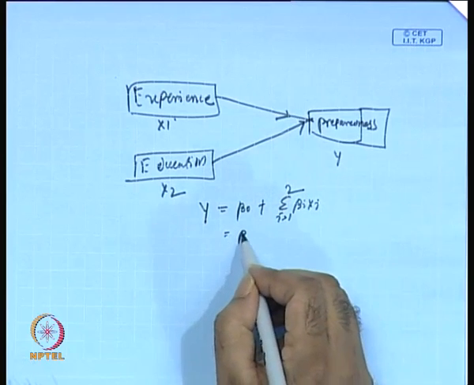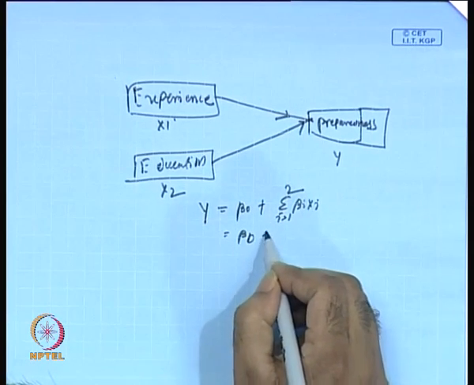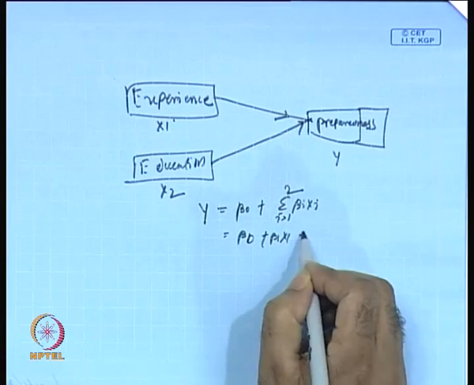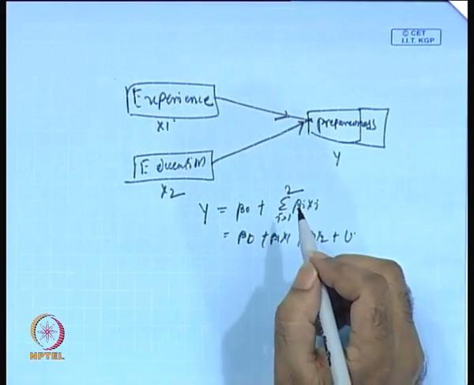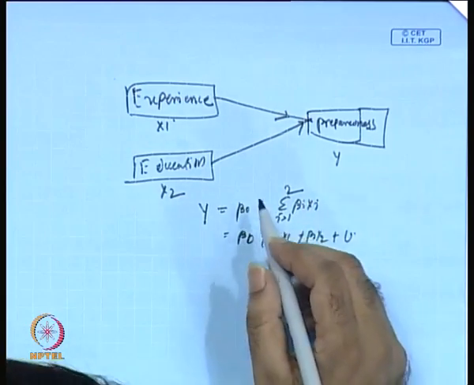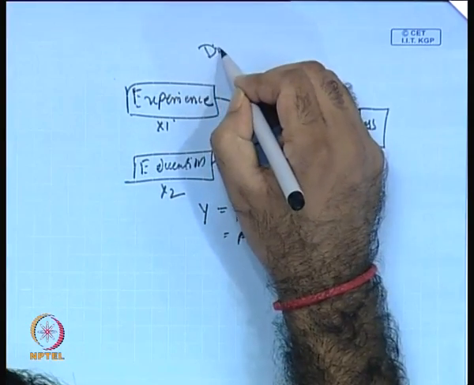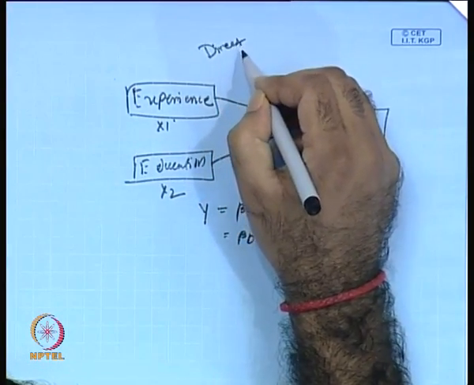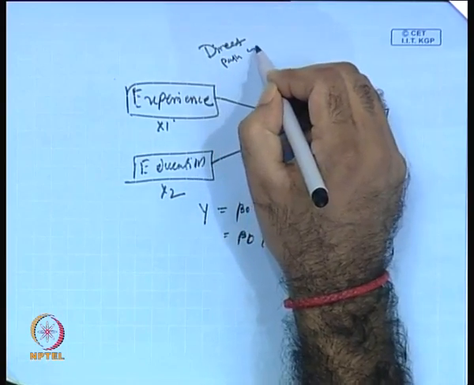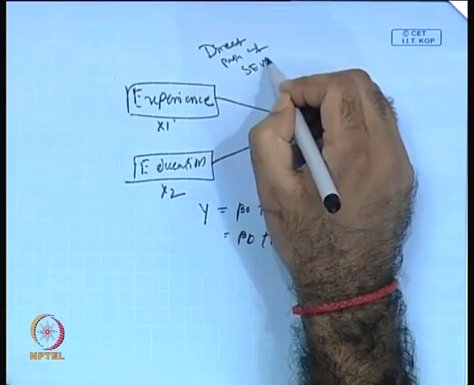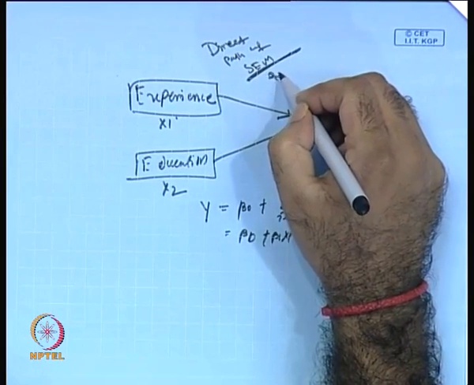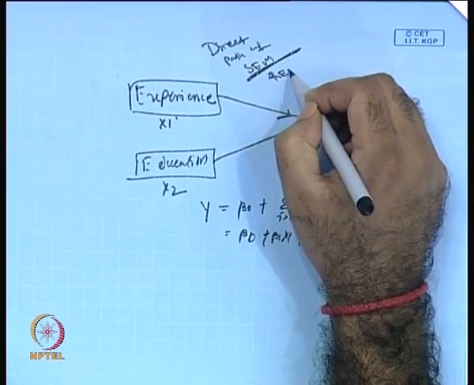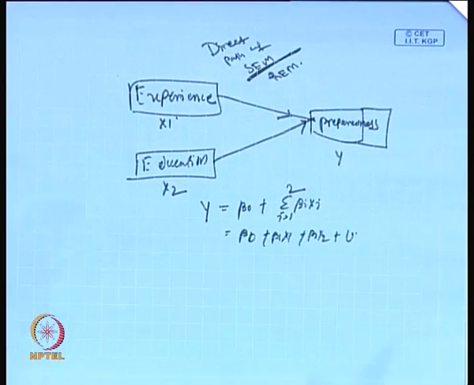In other words, y equals beta 0 plus beta 1 x1 plus beta 2 x2 plus error term. This is the direct path of structural equation modeling, which is nothing but regression modeling only.